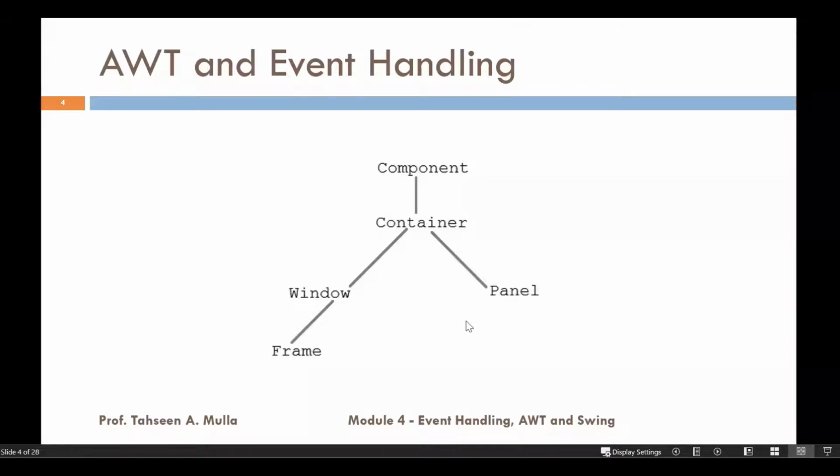So we can say that Container is a subclass of the Component class, wherein the Container class keeps track of components that are added to it. The number of components which we go on adding in our graphical interface, it keeps the record of all those components.